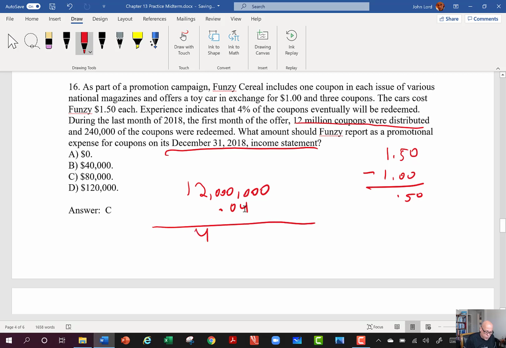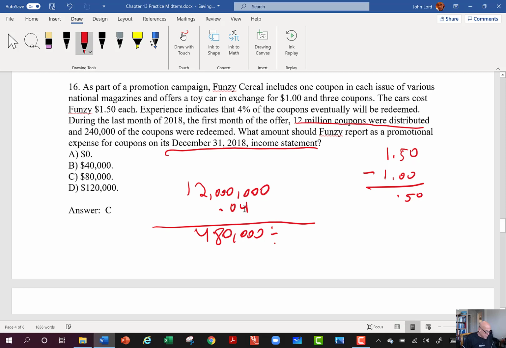So that means we estimate 480,000 coupons are going to be redeemed. We issued 12 million, but only 4% come back. So we're thinking, okay, there's going to be 480,000 of these people that send in the coupons and buy the cars.